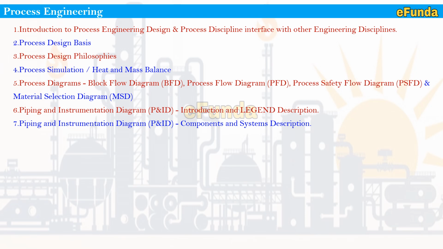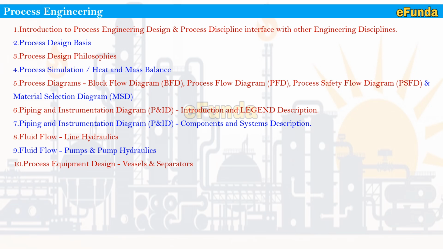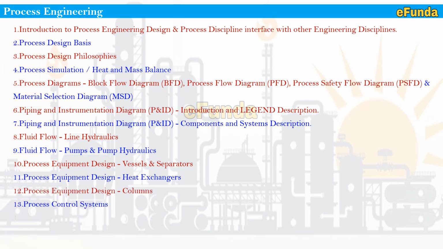Eight, fluid flow, that is line hydraulics, fluid flow, pumps and pump hydraulics. Ten, process equipment design, that is vessels and separators. Eleven, process equipment design for heat exchangers. Twelve, process equipment design for columns. Thirteen, process control system. Fourteen, piping, valves and control valves. Fifteen, and most important, safety, hazard and operability, that is HAZOP review.